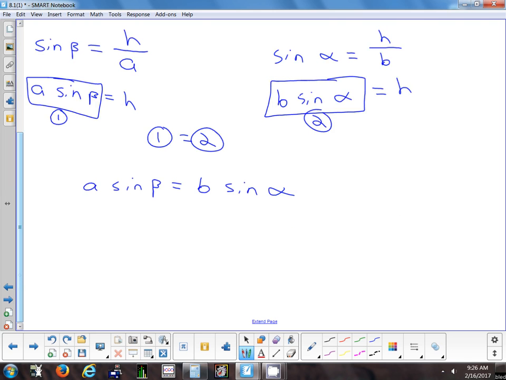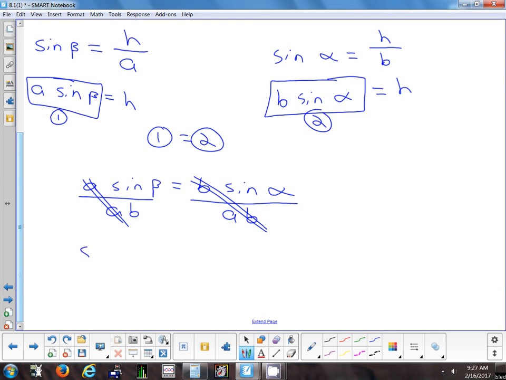Okay, and what I'd like to do is move the a to the other side. So how would I move a so it can be over with alpha? What would I have to do to each side? Divide it by a. And I want to move b so it's over on the other side with beta. So let's divide by b. If you do that, the a's cancel, and here, the b's cancel.